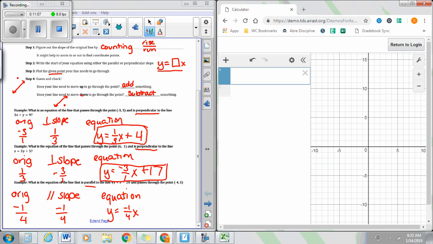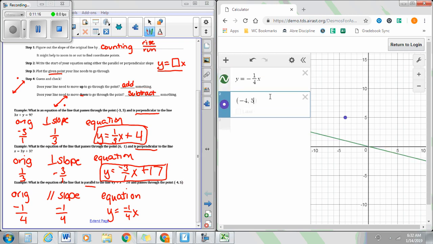Go back to the regular zoom. Y equals -1/4 x. Now, the point that it has to go through is -4, 5. And again, I notice it's above the line, right? The dot is above the line, so I'm going to need to add something. I'm going to try adding 5.